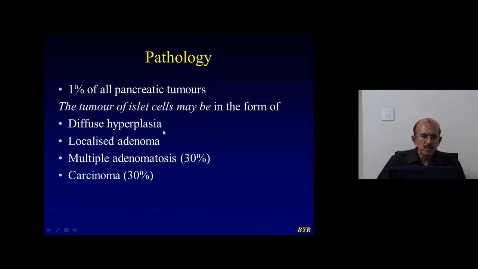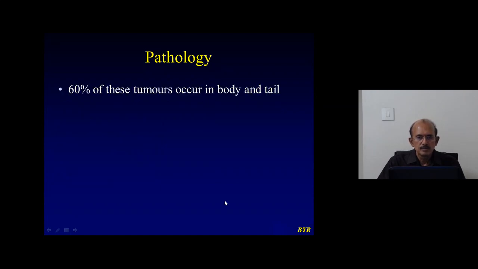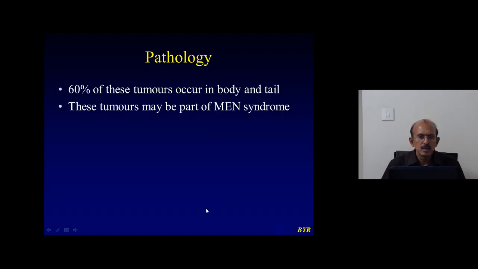So benign tumors can be in the form of diffuse hyperplasia of the whole pancreas, or single adenoma, or multiple adenomas, or a carcinoma. 60% of the tumors occur in the body and tail. The tumors may be part of MEN syndrome. What is MEN syndrome? Multiple endocrine neoplasia.